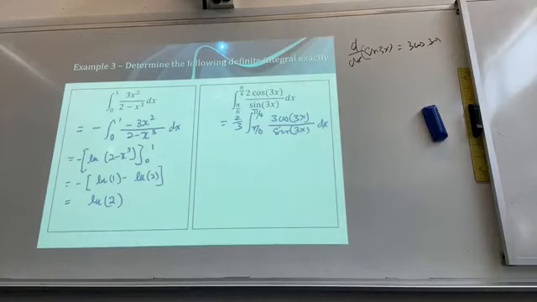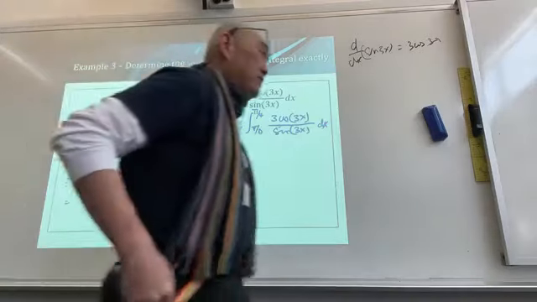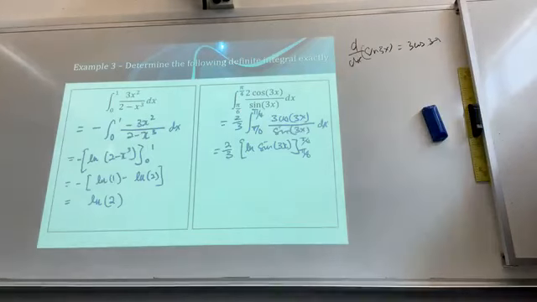So now, if you rewrite that, you know that the numerator is obtained by differentiating the denominator. And of course, it will become something like this. Agree?